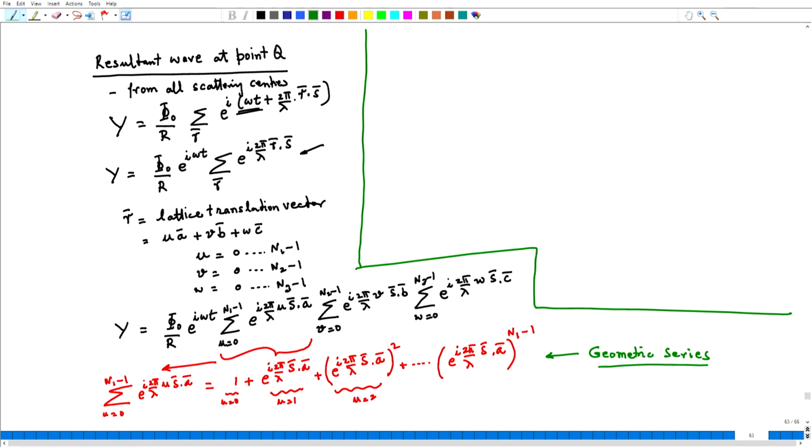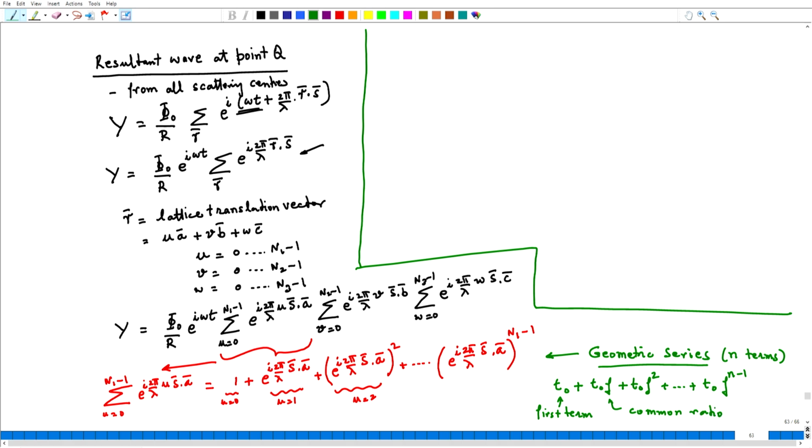Now, a geometric series is of the form, let us say the first term being T0, the second term being T0 f, the third term T0 f squared, and so on, the last term being T0 f to power n minus 1, for a geometric series of n terms, where T0 is the first term of the series and f is the common factor or the common ratio.